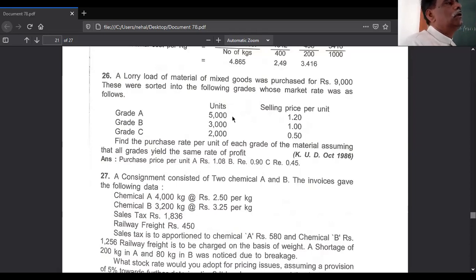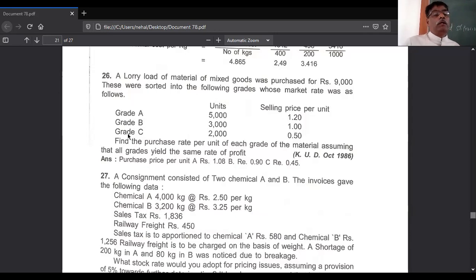Let us consider the onion. A full load of lorry is having onion and you purchase it. The quantity is different. After purchasing that, the following grades of materials are sorted.